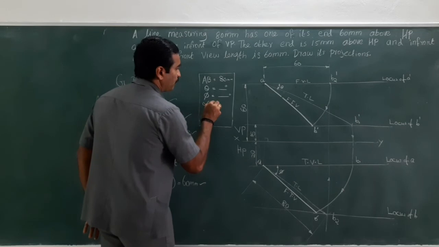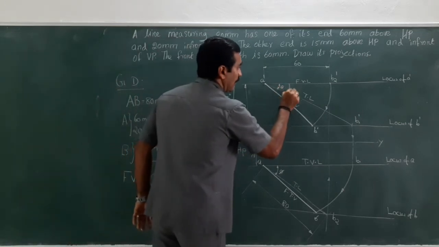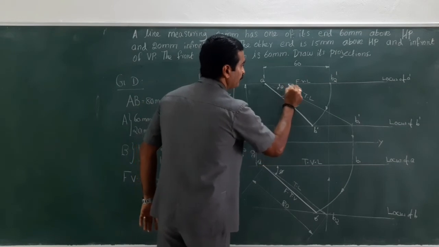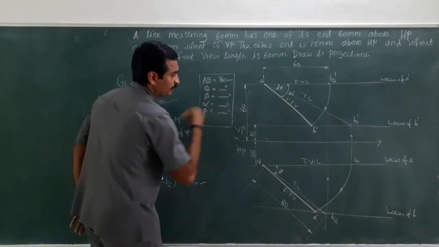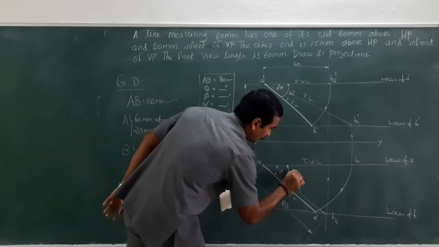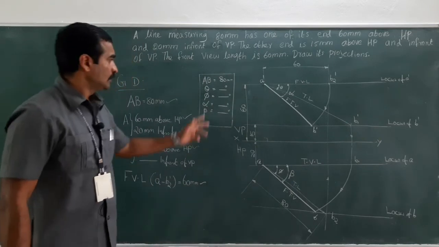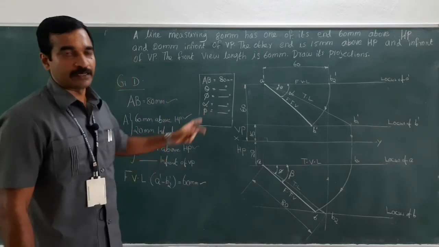Next, alpha, that is the apparent angle with HP, and beta, which should be in degrees, that is the apparent angle with VP. What are the two things that need to be captured here?